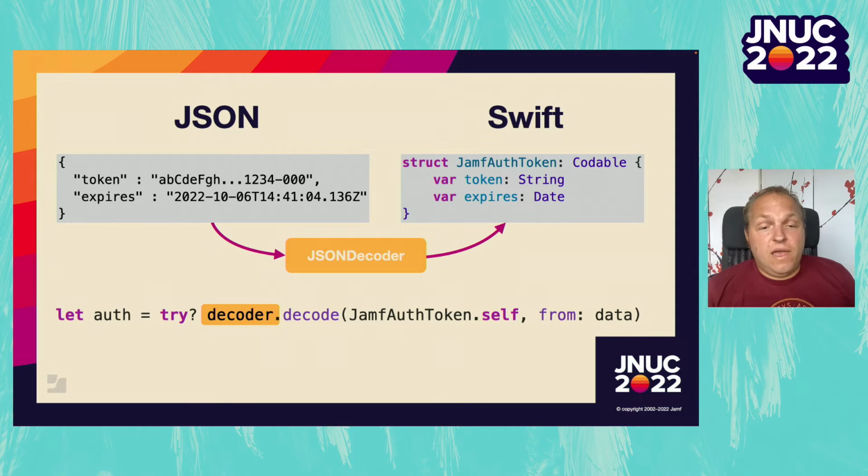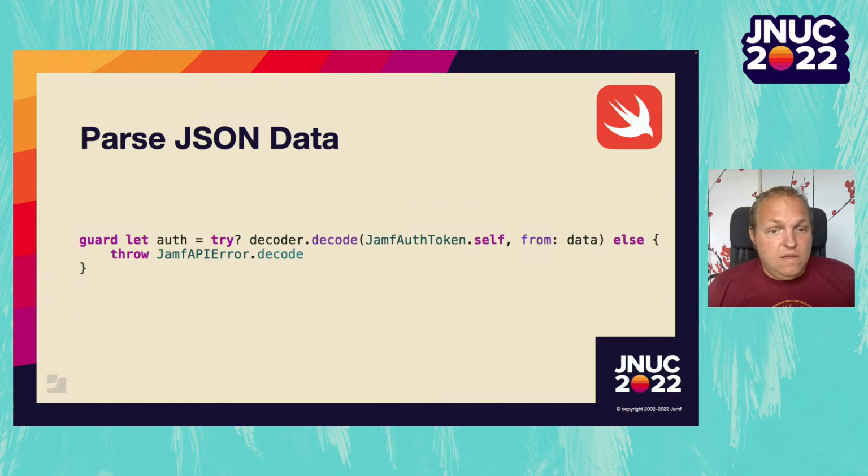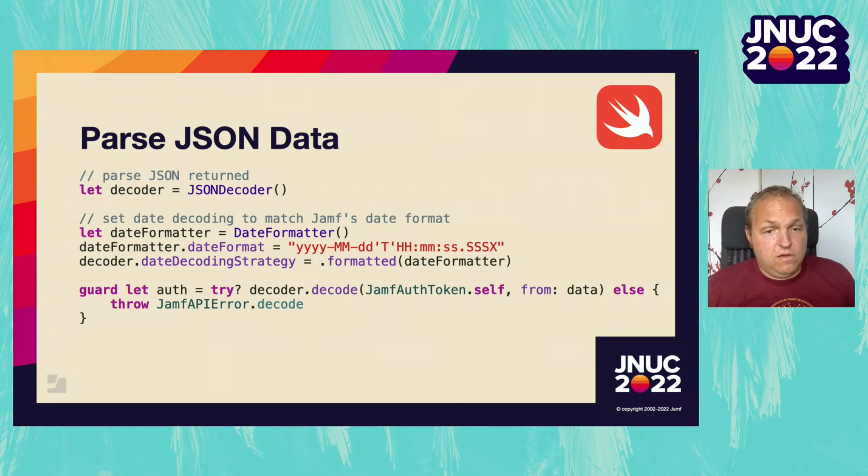And this is the line that does the actual work. So I created the decoder in the line before, and then I tell it to decode my object, which I've called Jamf auth token, my structure, and to use the data I got back from the URL session request. So that's what I do. I need to do some error handling here as well. There might be errors, of course, if the decoding doesn't work.